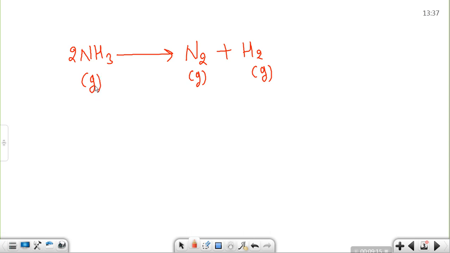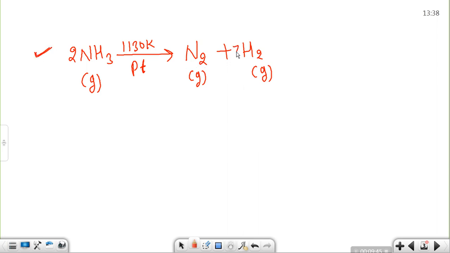And decomposition of ammonia takes place at 1130 Kelvin temperature at the surface of a platinum catalyst. Here in this reaction, platinum acts as a catalyst, and decomposition of ammonia at 1130 Kelvin temperature at the surface of platinum is an example of a zero order reaction.